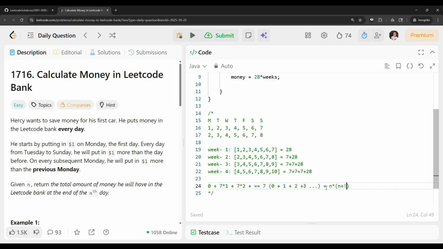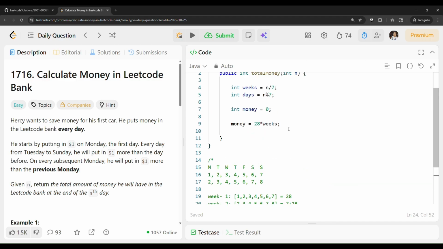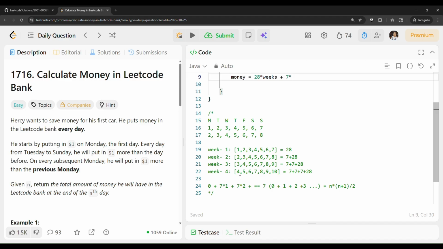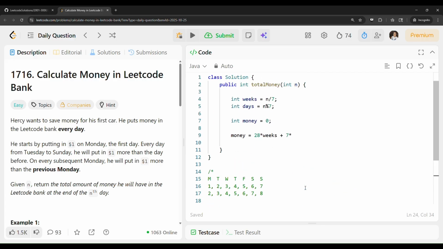So we can multiply this by 7, but n here is actually weeks minus 1. If we are on the 4th week, we only deal with the third week's money. So this will be 7 times weeks minus 1, times weeks, divided by 2. This is how we get the total money in the full weeks.